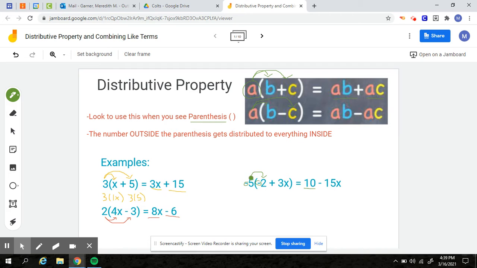So positive 10. And then negative 5 times 3x will give you a negative 15x. All right, notice that sometimes you will just get a number, right? If you have two numbers multiplied together, you will get a number for your answer. If you have a variable with it, though, the final answer there will have a variable as well.